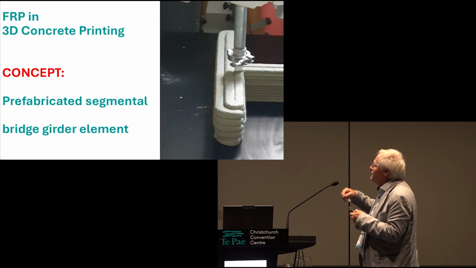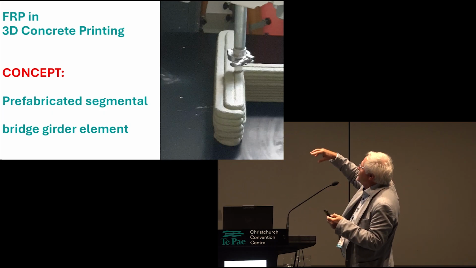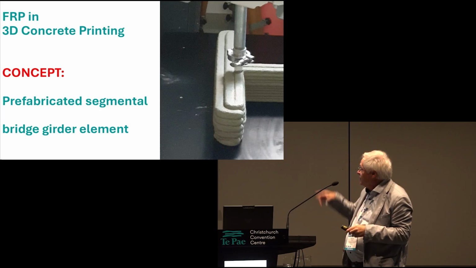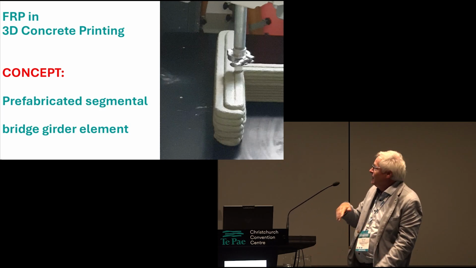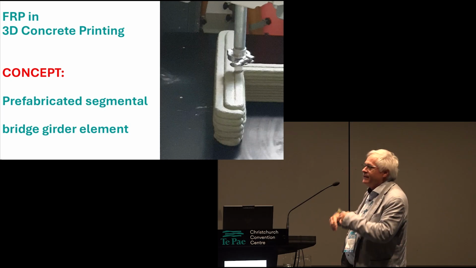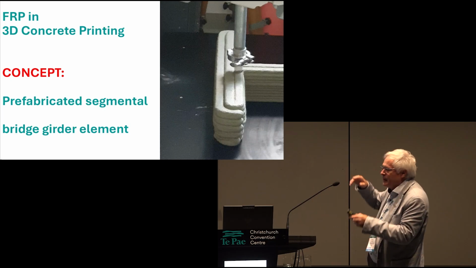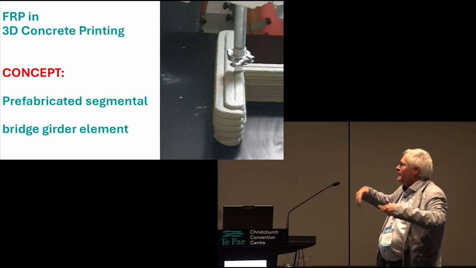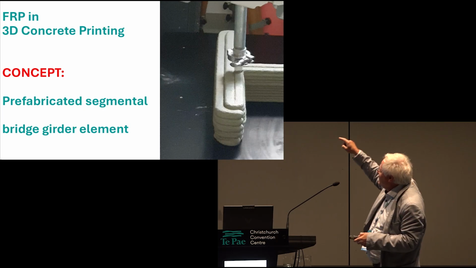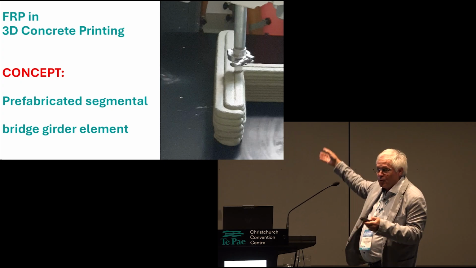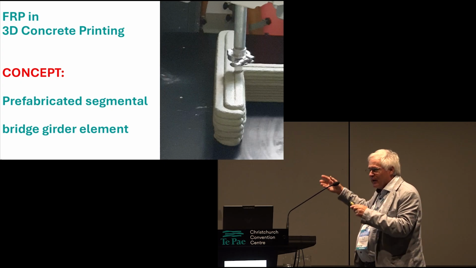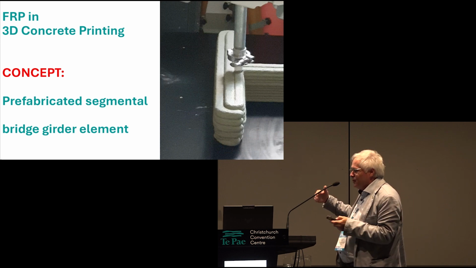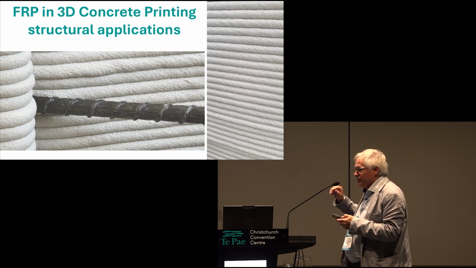The idea is that you can easily print sections of bridge girders. This element is 1 meter deep. And in a later phase, depending on the length of the element, the load of the whole element, and the design, you can additionally apply FRP in the bottom flange, prestressed or unprestressed. This is a concept which is not completely developed, but it is a new concept. But with FRP it is the best one.